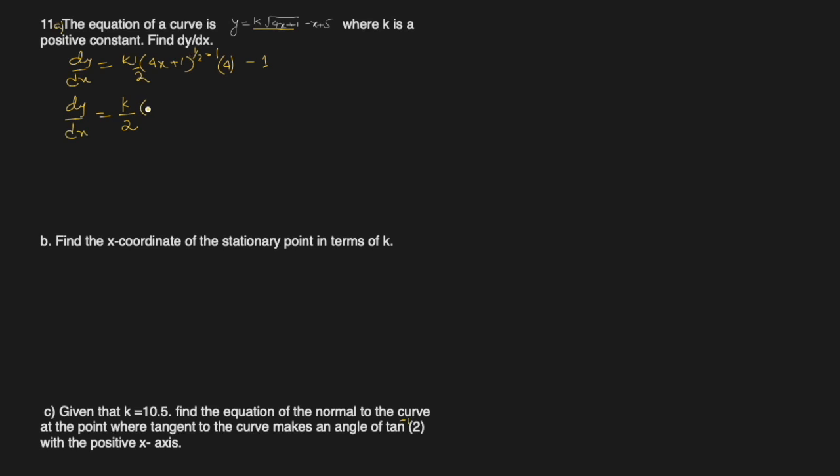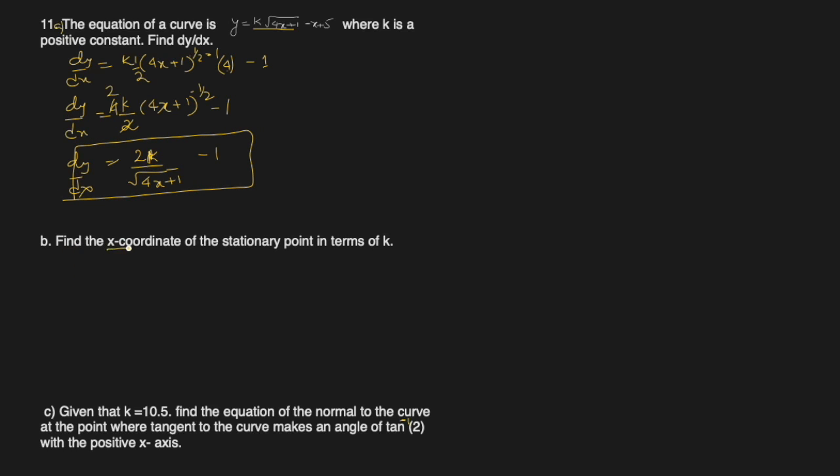So (4x plus 1) to the power minus half times 4. Minus 1. So dy over dx equal to, 2 and 4 can cancel. So now we're left with just 2 here, and because this is negative half, it will become a denominator, which is square root of 4x plus 1, minus 1. And yes, k was left here, so k. This is the differentiation of the given curve, dy over dx.